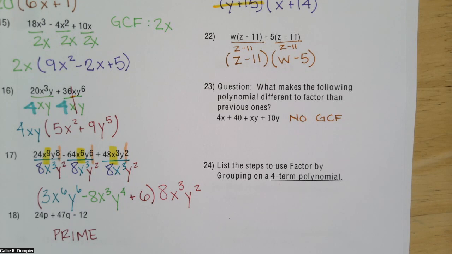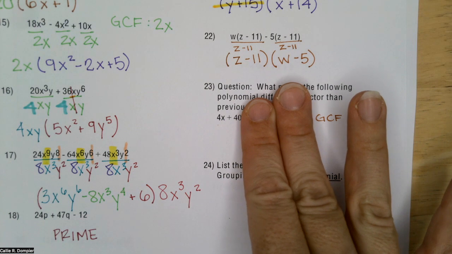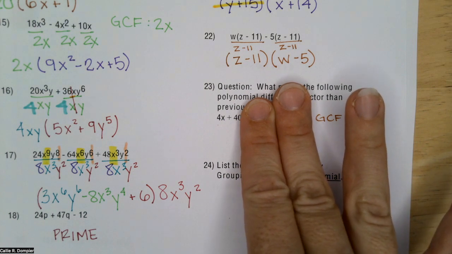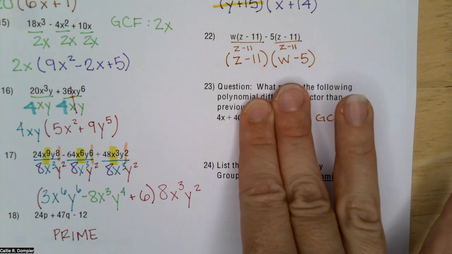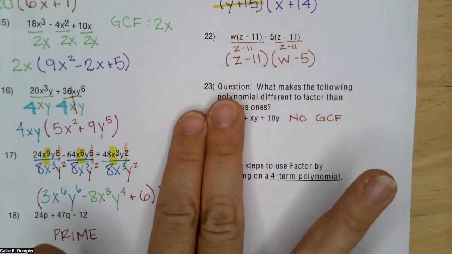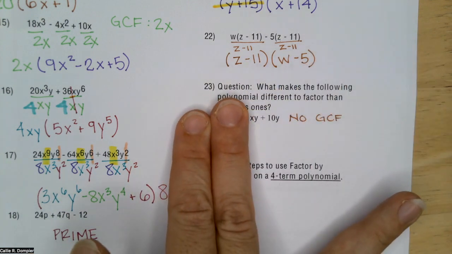All right, so how do we use factoring by grouping on a polynomial that does not have a factor common to all 4 terms? No factor common to all 4 terms, but if you group the first 2 terms together, that group has a greatest common factor. If you put the last 2 terms together, that group also has a greatest common factor.